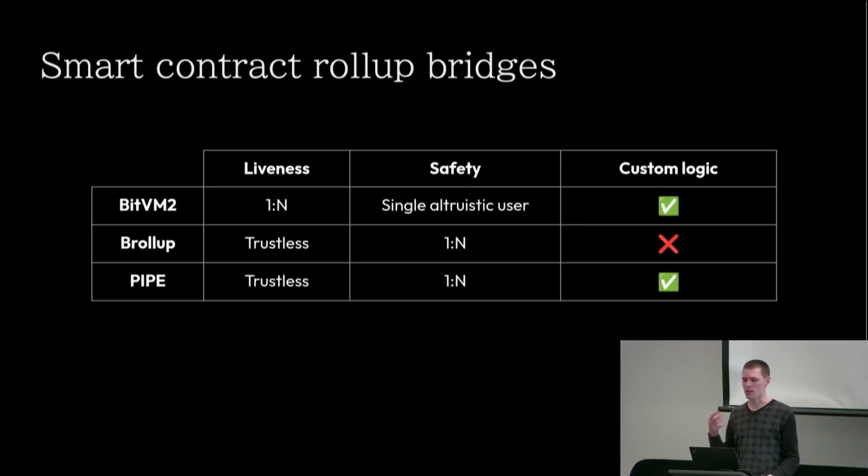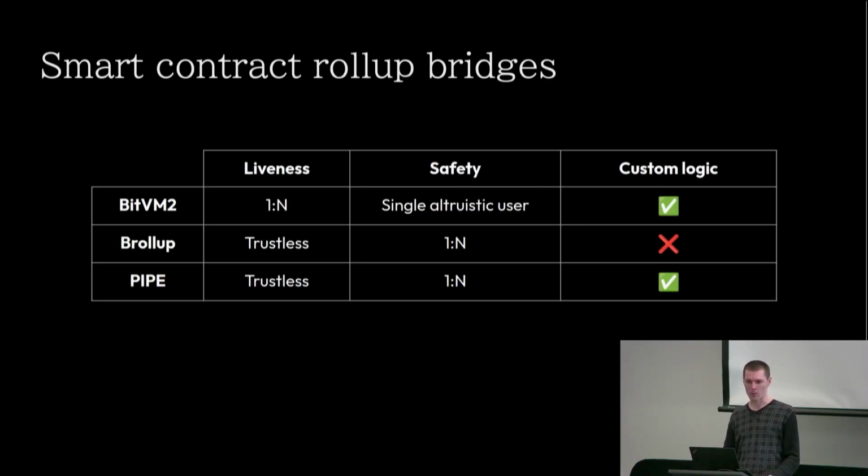We need at least a single altruistic user for safety, that is to prevent the bridge operators from absconding with the user's Bitcoin. And they do support custom logic. So once you actually have the BitVM2 bridge set up, you can build the bridge program in such a way that you can have pretty much any kind of blockchain or protocol sitting on top of that.